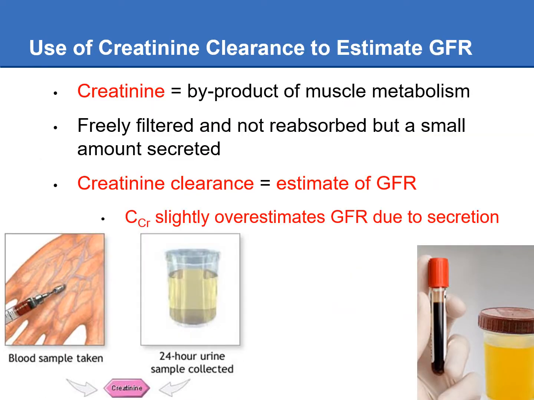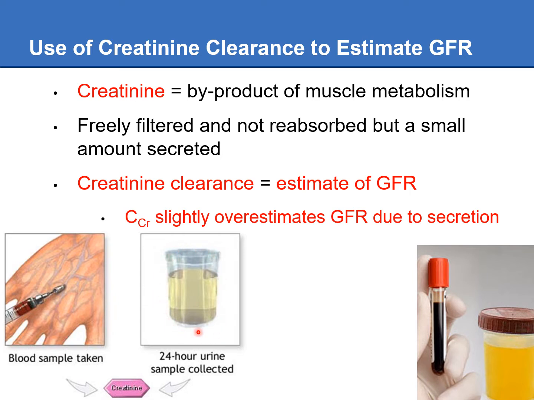One way to estimate the glomerular filtration rate in patients is to measure the creatinine clearance. Remember, creatinine is a waste product that comes from creatine phosphate in the skeletal muscles. And remember, that's used to make ATP. So what we'll do is we'll take a blood sample from the patient, and you can measure the creatinine concentration in the blood. And then the patient will collect 24 hours of urine.